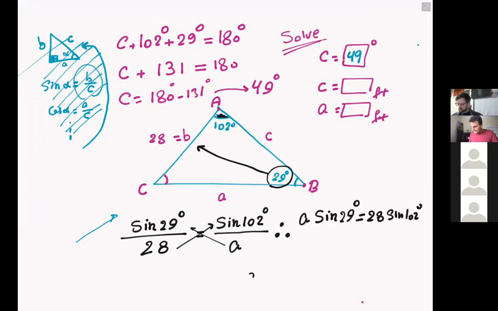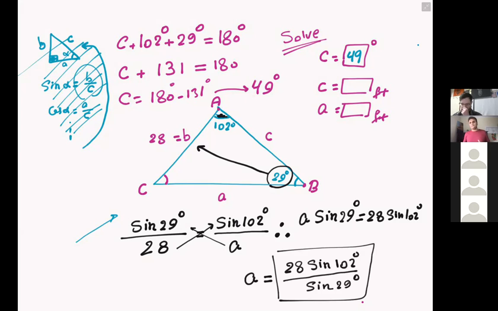Then a equals 28 sine of 102 degrees divided by sine of 29 degrees. So we solve for a.